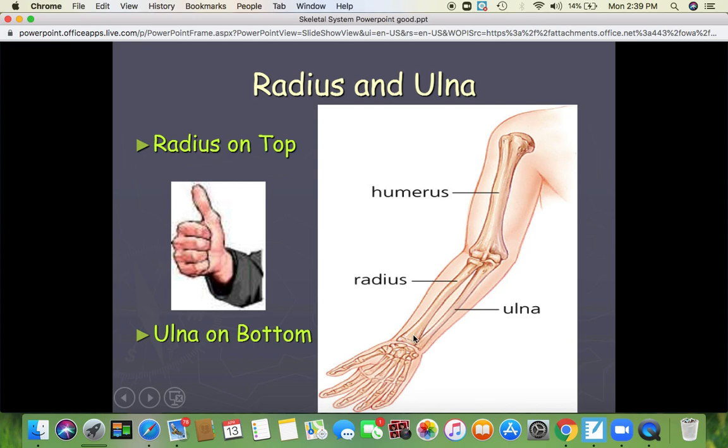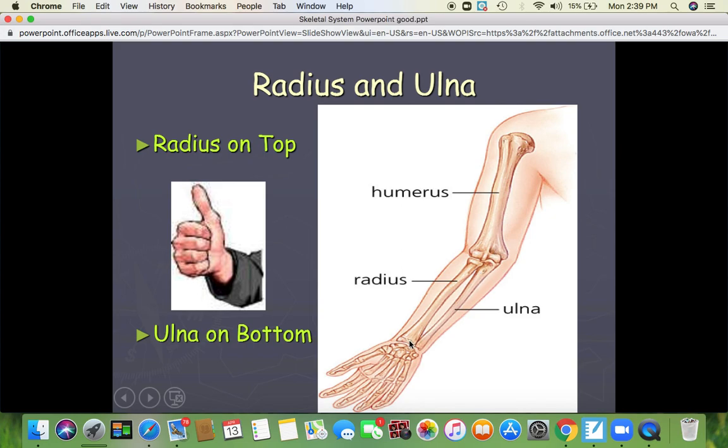And then as it goes to your wrist, it gets thicker on this end. The ulna starts out thicker here, where it's connected to the humerus, and then slowly gets thinner towards your wrist. So they're kind of opposites. This one goes thin to thick, this one goes thick to thin. And when you turn your hand, they switch positions, they kind of twist, the radius and the ulna.